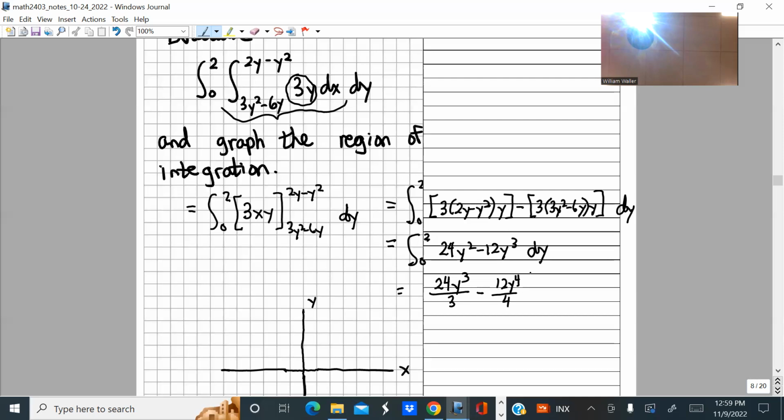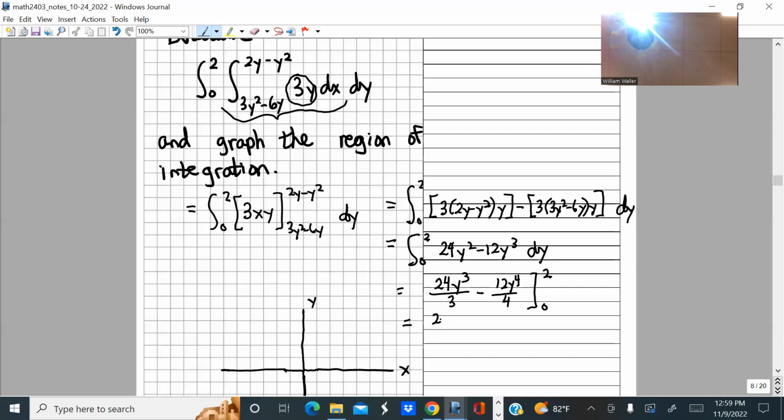And then we want to evaluate that at our limits of integration. Remember, you don't need the constant here because we're doing definite integration, so the constant isn't needed. I think if we plug 0 in, that's going to be 0. And what happens when we plug 2 in?